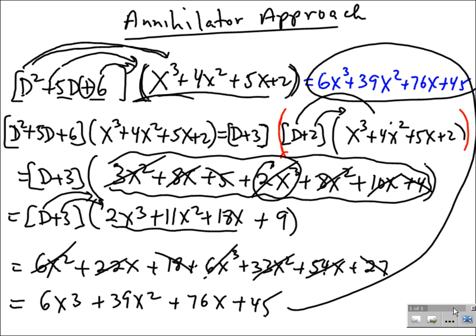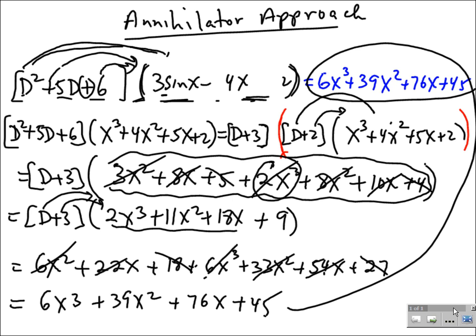So this is how you operate with linear operators. Linear operators work on polynomials or trigonometric functions. I could have done the same operation that I have to the left on 3 sine x minus 4x.